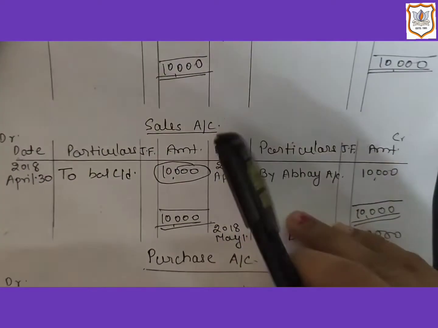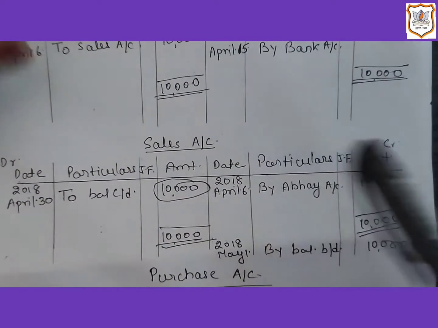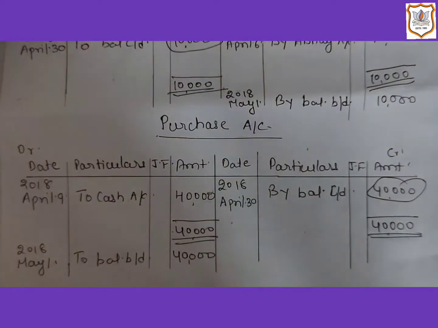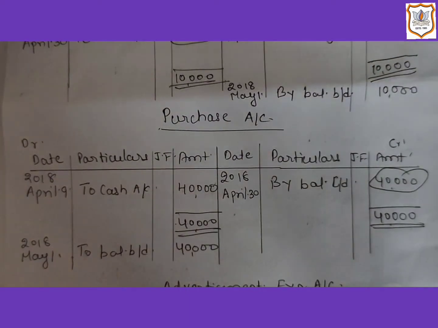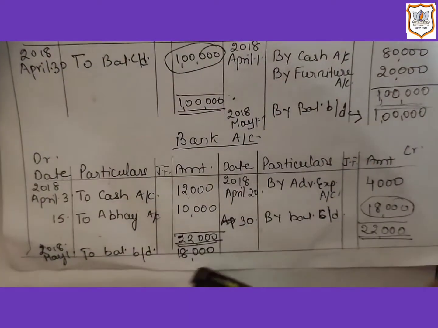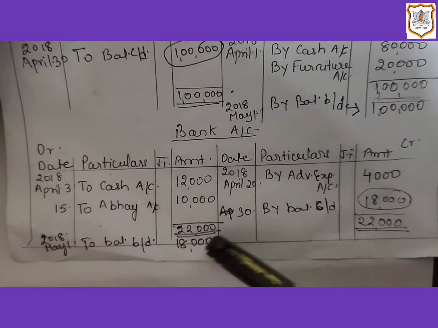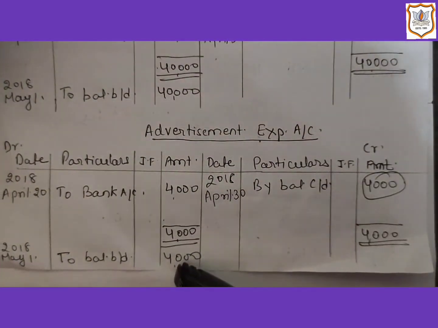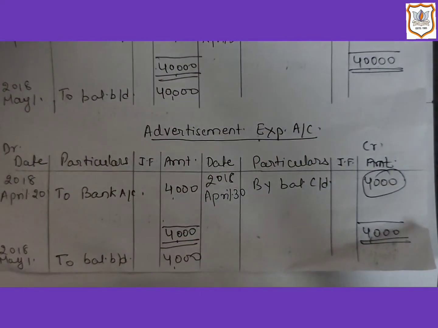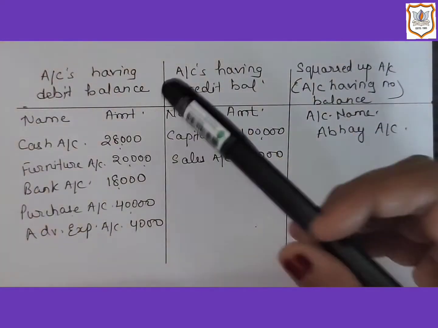Now let us check here. The purchase account has a debit balance of rupees 40,000. Then the bank account has a debit balance of rupees 18,000. Then the advertisement expense account has a debit balance of rupees 4,000. So we will mention it here.